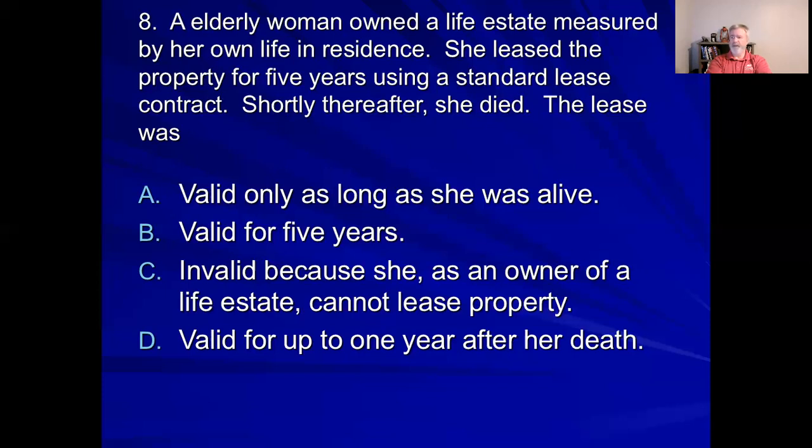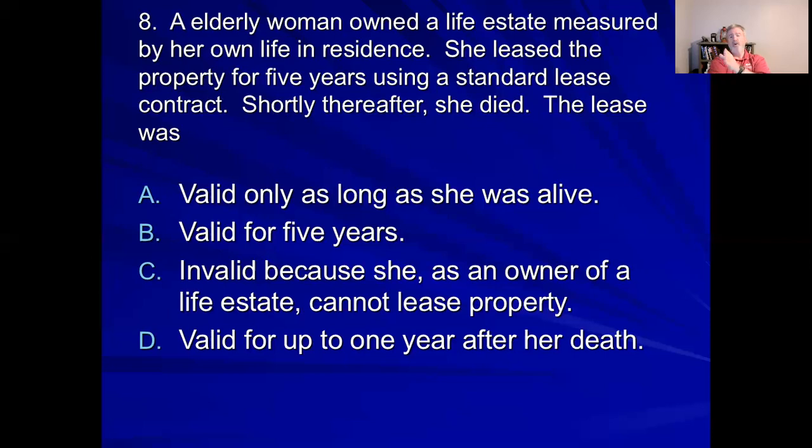That's not it. C, invalid because she, as the owner of a life estate, cannot lease the property. Well, again, that's not true either. Because if you own it, you can do pretty much anything you want to do with it while you own it, right? So can she lease the property to somebody else? Absolutely, she can. No problem at all.